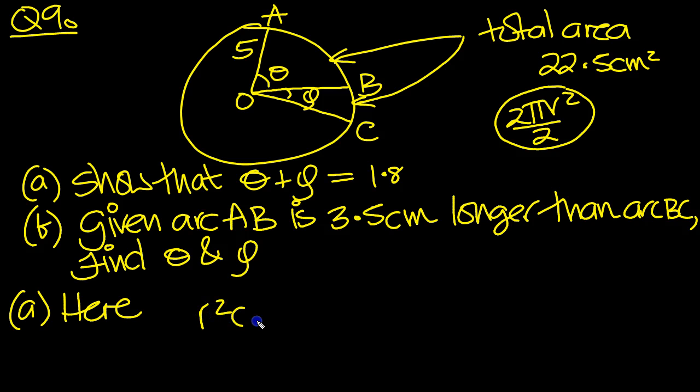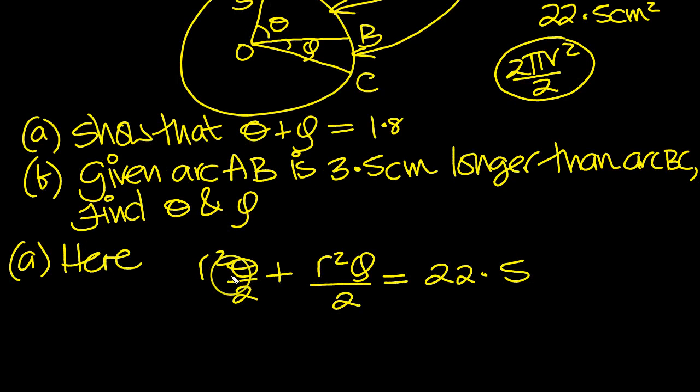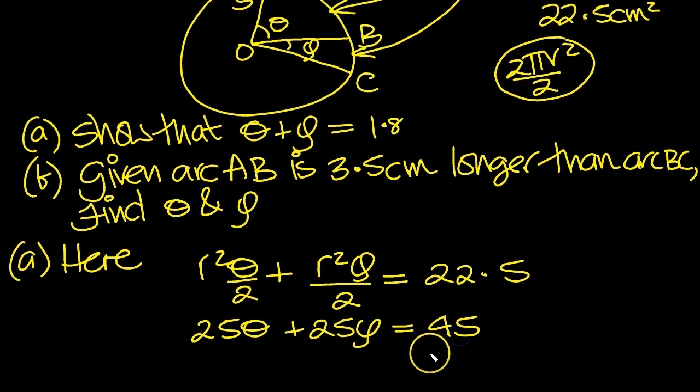So r squared theta over 2, or half r squared theta, plus r squared phi over 2 is equal to 22.5 centimeters squared. So that tells us then r squared is 25, times theta plus 25 phi is equal to, it's both under 2, so times by 2 both sides, we get 45.